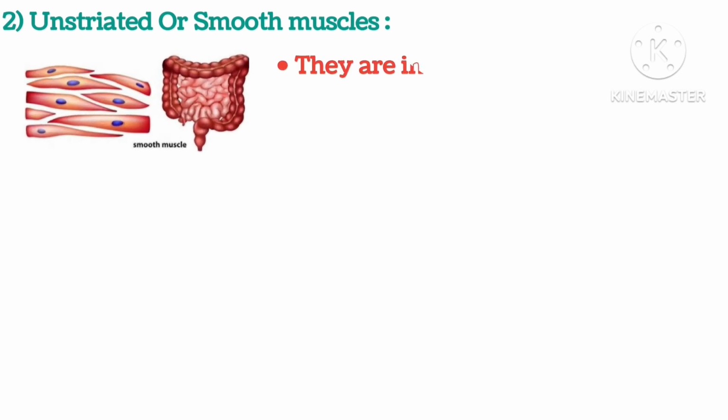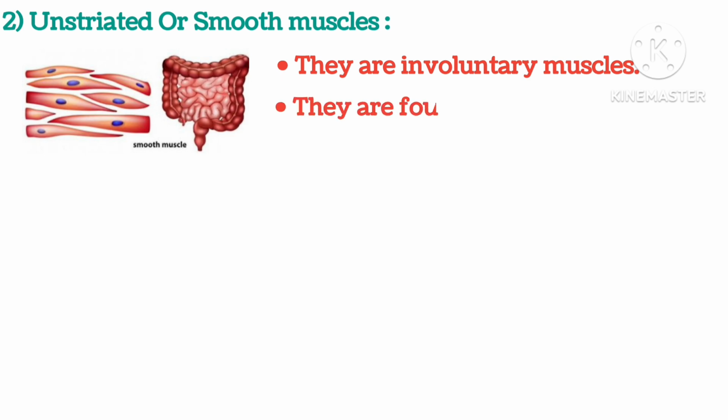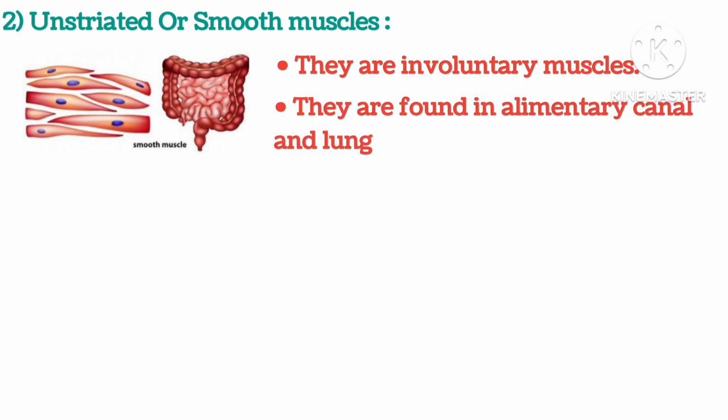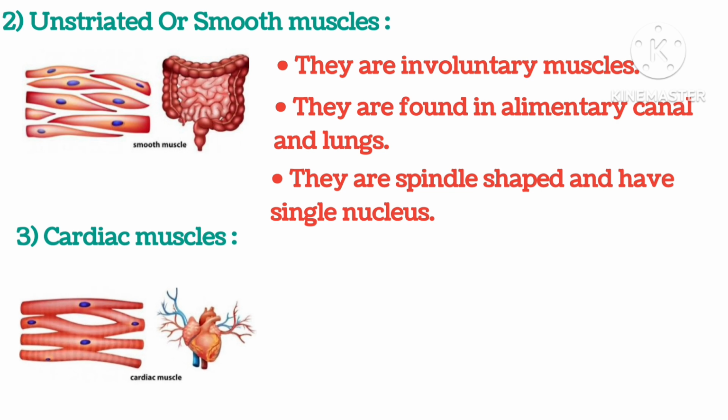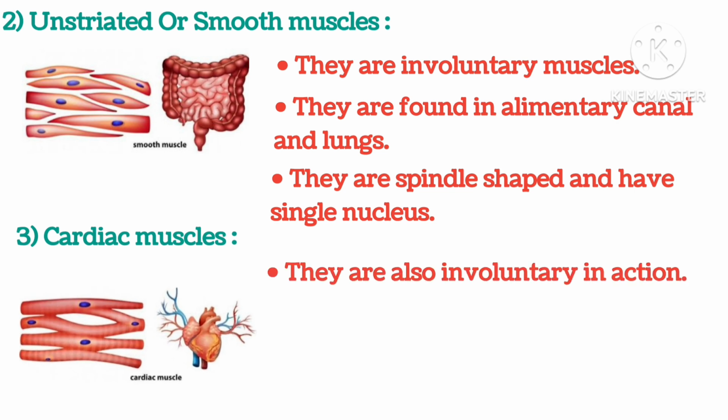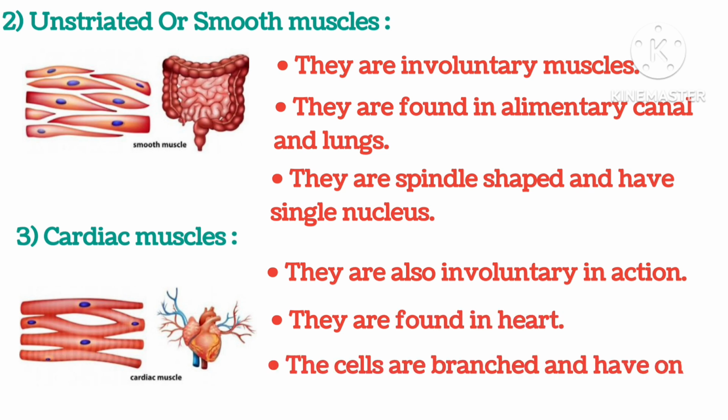As you can see here, these are involuntary muscles. They are found in the alimentary canal and lungs, and they are spindle shaped and have a single nucleus. Third is cardiac muscles. They are also involuntary in action. They are found in the heart and the cells are branched and have one nucleus.